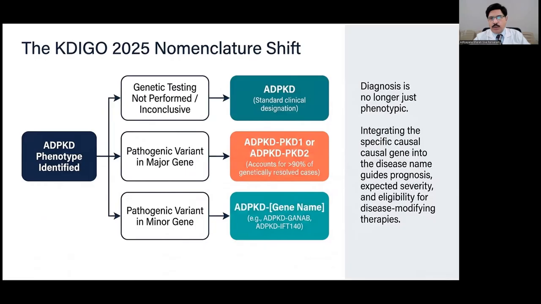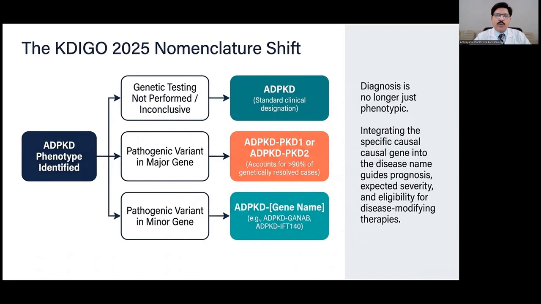PKD1 and PKD2. 90% of the genetic cases of ADPKD are either PKD1 or PKD2. Third is a pathogenic variant in a minor gene, where you have several genes, such as ADPKD-GANAB and ADPKD-IFT140; several smaller minor genes are there.